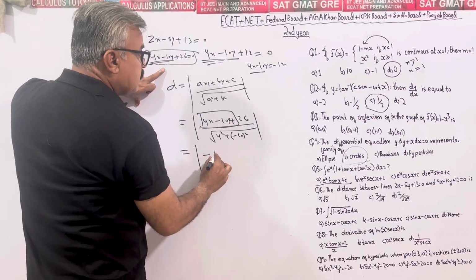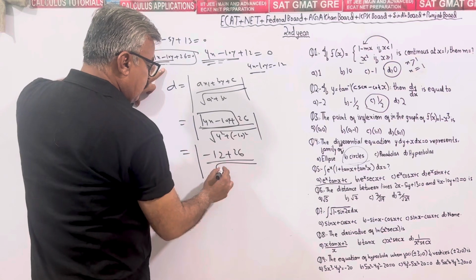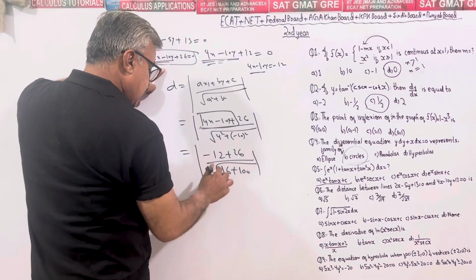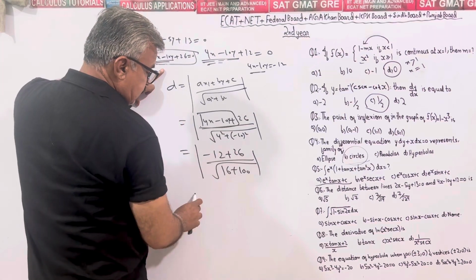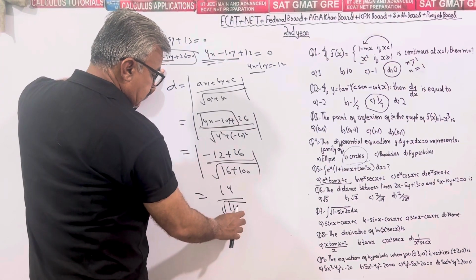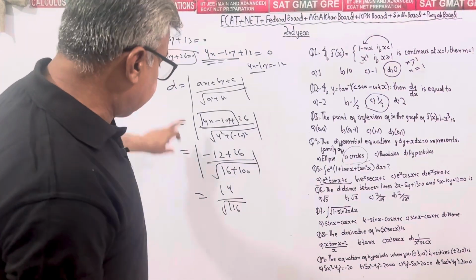It will become minus 12 plus 26 over root of the square of 4, which is 16, plus the square of 10, which is 100. Minus 12 plus 26 is 14, over root 116.